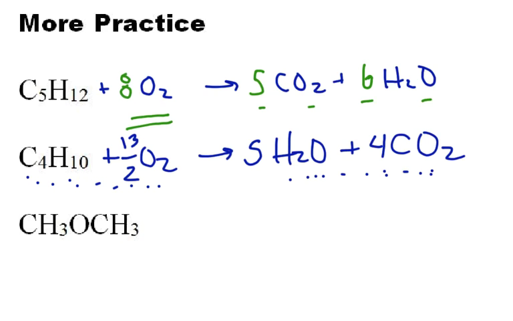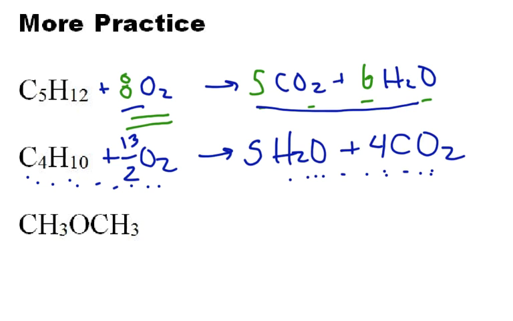If I have an even number, I can just divide by 2, like I did before. 16 I had up here, and it turned into an 8. But if I have an odd number, just do the odd number over 2. That is only allowed with diatomic molecules like O2, Cl2, Br2. Everybody else, we'd have to go back and double.